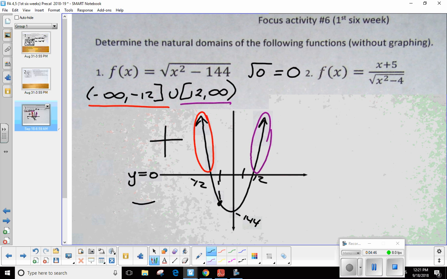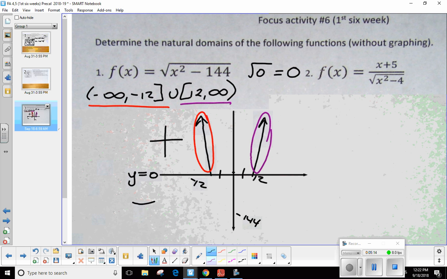If I were to choose a value here, no matter what x less than 12, it's going to give me a negative, again, imaginary. Even 0 itself is giving me a negative 144, which again is going to go imaginary. So because it's a square root over this, any part of the graph that happens to be below, we want to eliminate those x's. So that whole interval between we have to throw out.